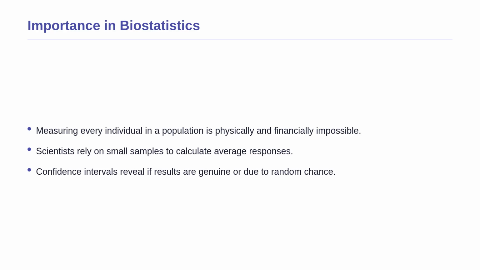Instead, scientists test the drug on a small sample of patients and calculate the average response. But they need to know if this sample average is a lucky fluke or a reliable reflection of how the whole world will react. The confidence interval bridges this gap by telling researchers the margin of error around their sample data, proving whether a treatment is genuinely effective.